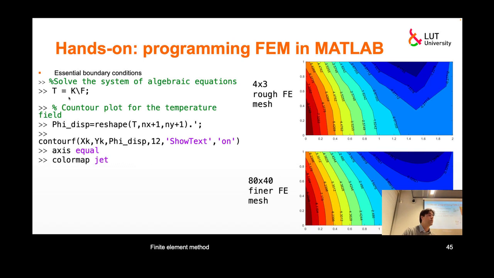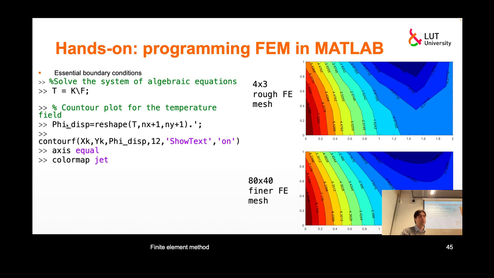After that we can solve it. We can find T as a solution of the set of equations Kt equal to f, and we can easily make some visualization to see how it looks. There is this contourf function in MATLAB, which you can use to visualize some value in a two-dimensional setting. I'm using the x coordinates of nodes and y coordinates of nodes to identify these settings, and I'm using this reshaped result matrix.